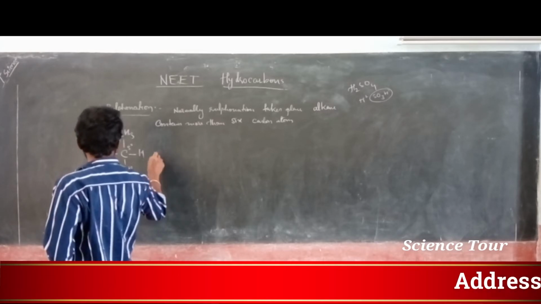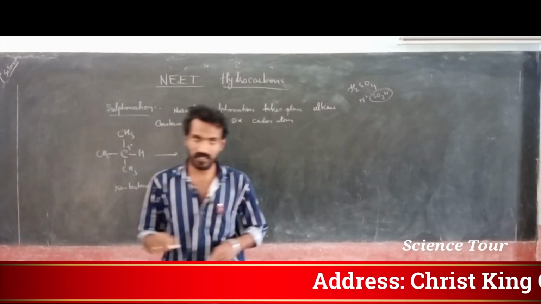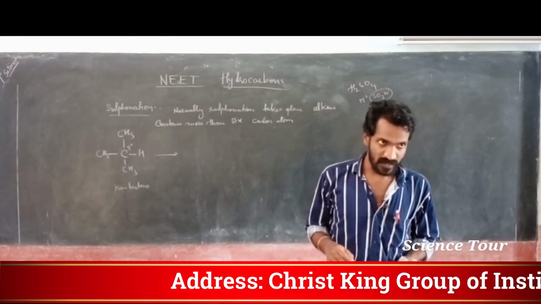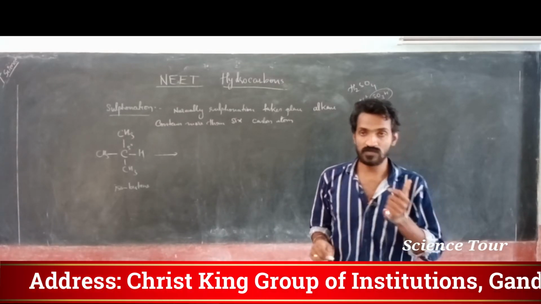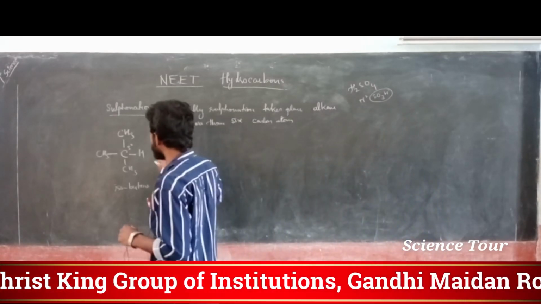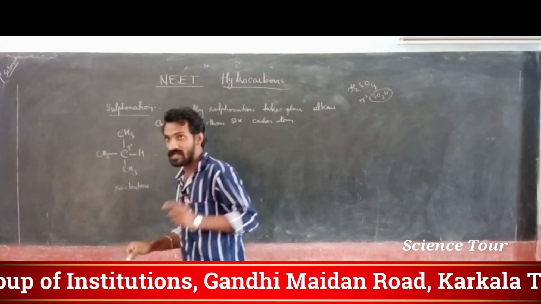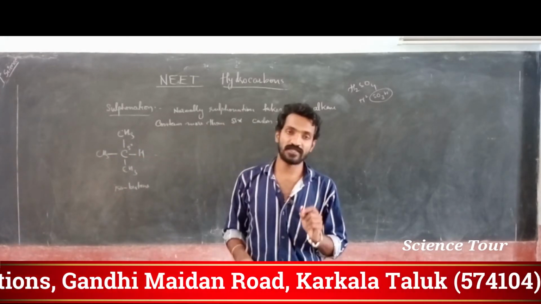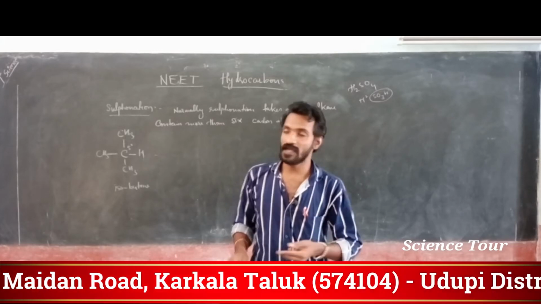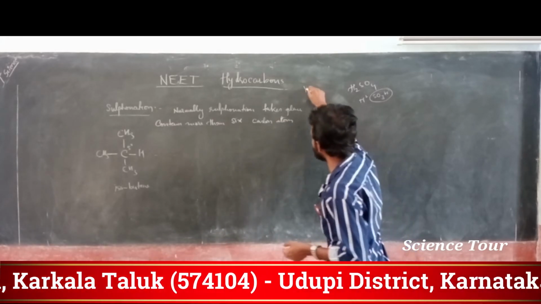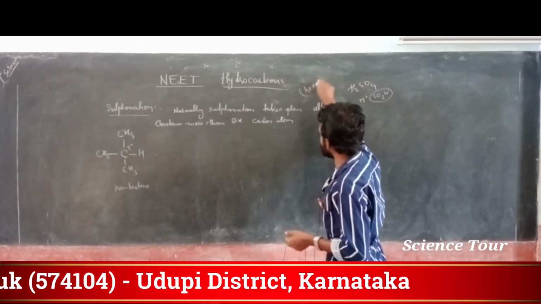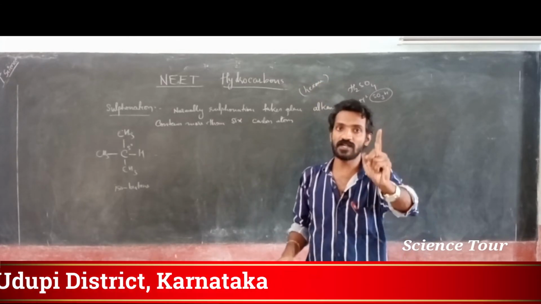This isobutane can undergo sulfonation, though it contains only 1, 2, 3, 4 carbon, less than 6 carbon. Normally more than 6 carbon, hexane and above, undergoes sulfonation.